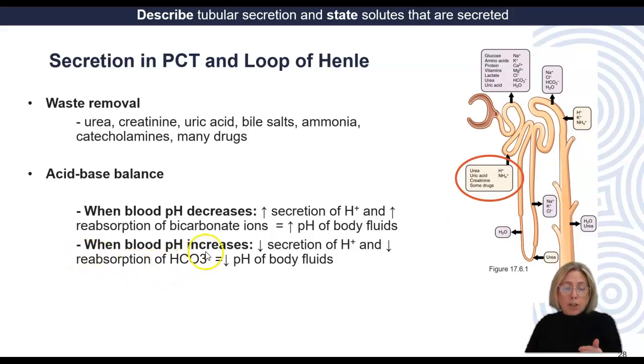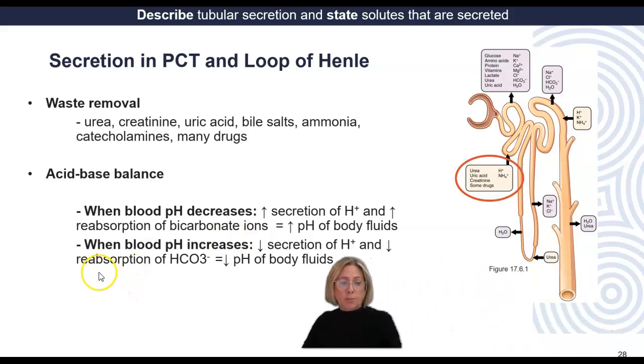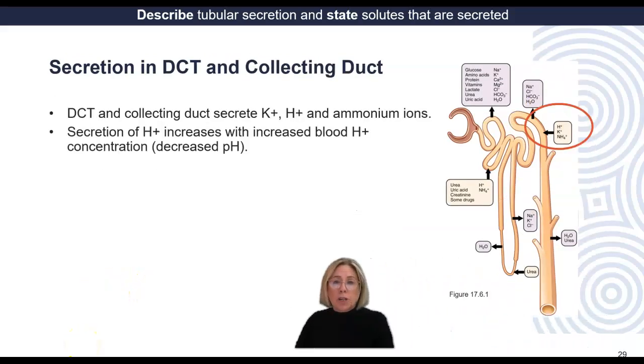When blood pH increases, so it becomes more basic or alkaline, then the opposite happens. There's going to be less secretion of hydrogen ions into the filtrate and less reabsorption of the bicarbonate anion from the filtrate back into the blood, and that will then cause a decrease in the pH of the body fluid back to homeostatic ranges.